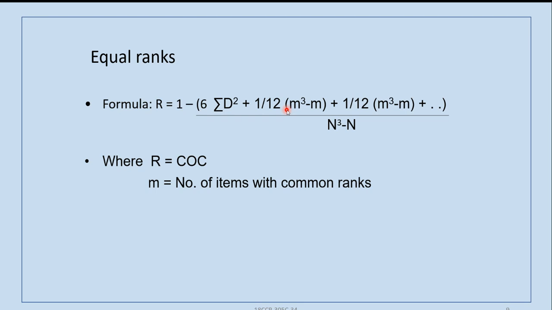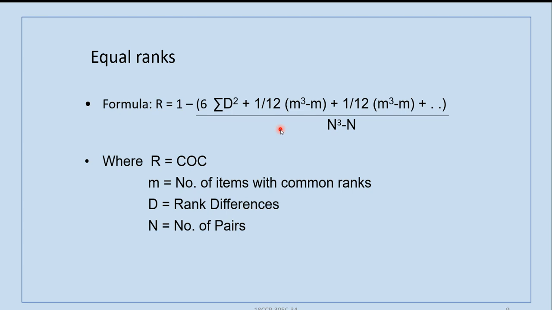If repeated 3 times, we have to take it 3 times, plus 1 by 12 into m cube minus m, where m is the number of times the rank is repeated. So m is equal to the number of items with the common ranks. And d is the rank difference and n is the number of pairs.